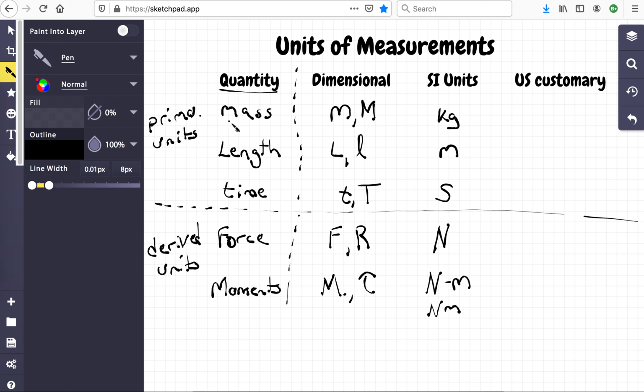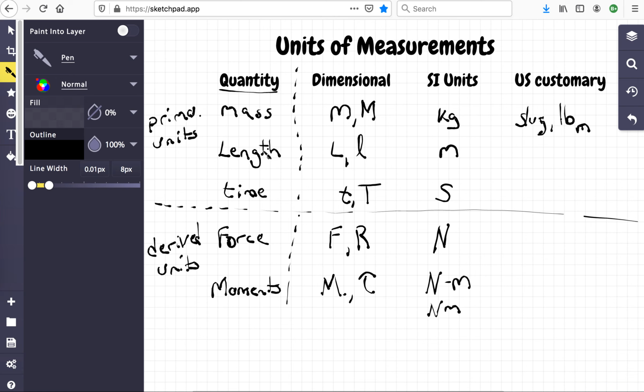So if we continue on with our mass, in US customary, sometimes you'll see a slug, not too much in your book, but you'll also see an lbm, and that stands for pound mass, which is different than pound force, which is a force. We'll get into that later.